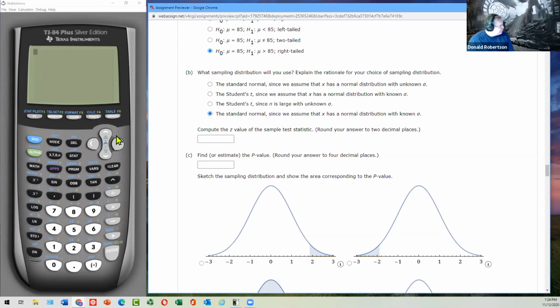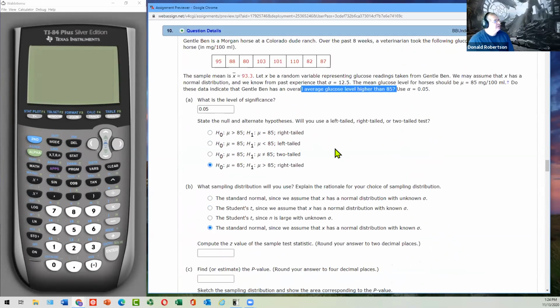Right, now, compute the Z value for this one correctly. Brackets. X bar, which is 93.3. Subtract 85. Close the brackets.